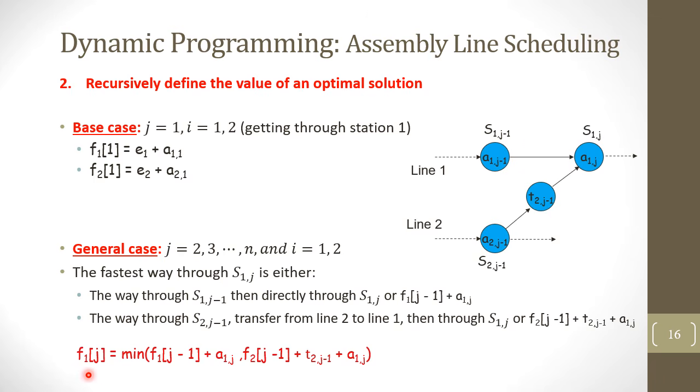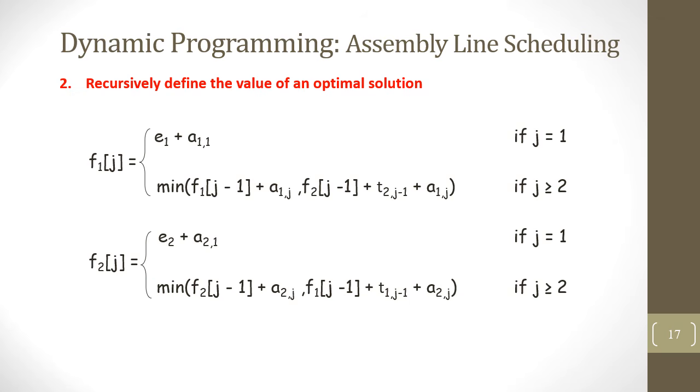So F1 of j will be the minimum of the two costs: the finish time of the previous station on the same line plus the assembly time, or the finish time of the previous station on the other line plus the transfer cost plus the assembly time on this particular station. So we will choose the minimum of the two, which will be the fastest time to reach this station from the starting point.